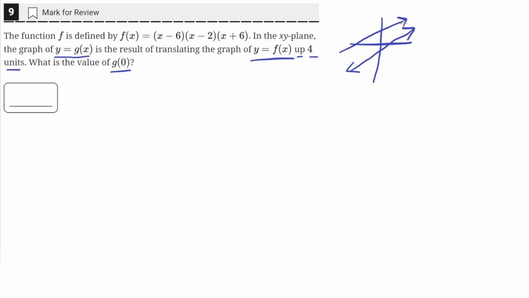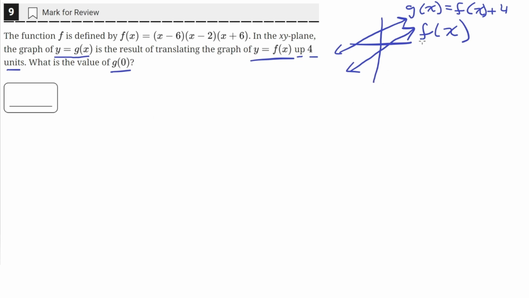So every point on f of x would just be translated up. So g of x, the translated graph, would just be equal to f of x plus 4. Since everything is being translated up by 4 units, all the y values, the g of x values, would be 4 units more.